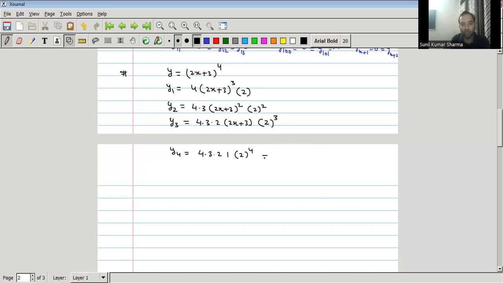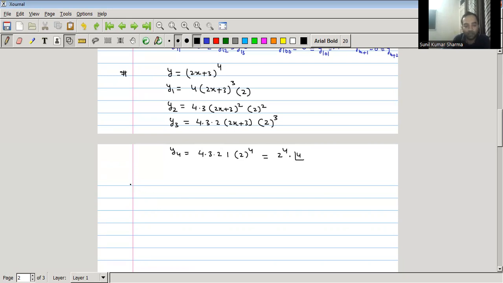So can I write this as 2 to the power 4 into 4 factorial? This is 4 into 3 into 2 into 1, you get 4 factorial. So y4 is equal to 2 to the power 4 into 4 factorial.